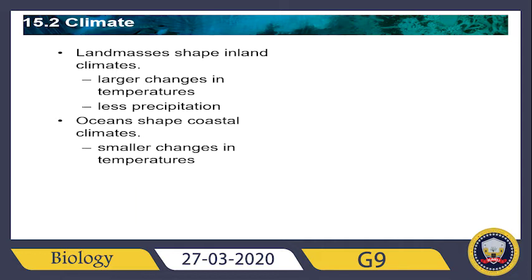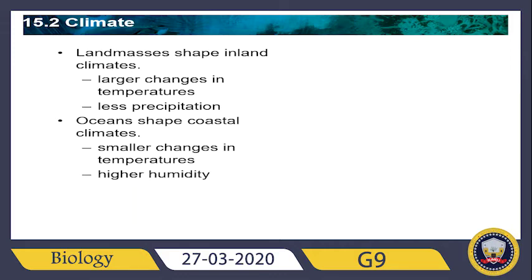For example, if you are living in a coastal city on the Mediterranean Sea, it rarely snows. While if you are living in a city like New York, it's on the ocean, right? It's on the ocean, but it snows there all along the winter. During all the winter, it keeps snowing.